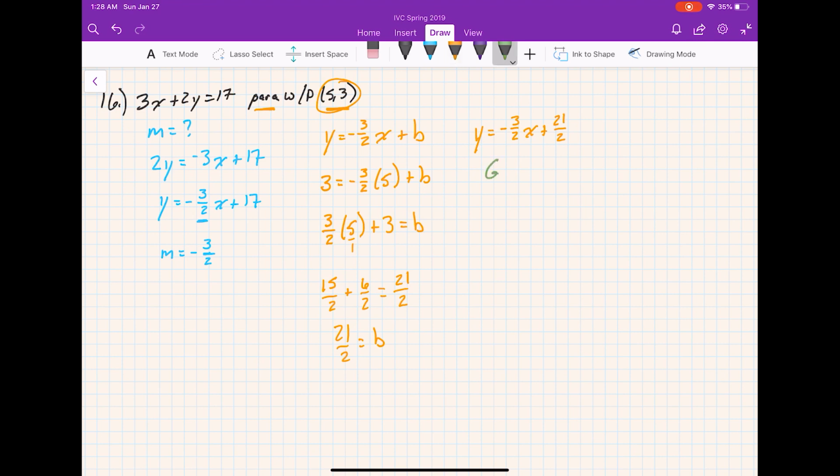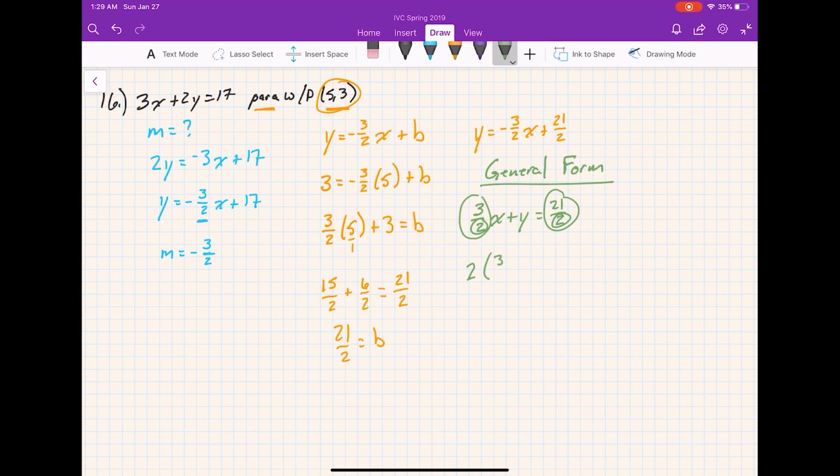Now, of course, we wanted to put it in general form. We would move all the x's and the y's to the same side. So we'd have 3 halves x plus y equals 21 over 2. Now, we can't have a fraction in the beginning here. We have to change it, and our common denominator is already there, it's 2.